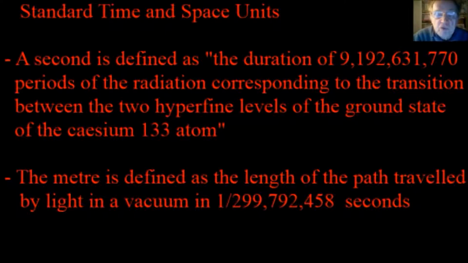That makes it so that if you're measuring the speed of light and you have implemented that definition of the meter, you will always measure the speed of light in a vacuum as 299,792,458 meters per second. So by definition of how they define the space units, you're always going to measure the speed of light as c, the constant.